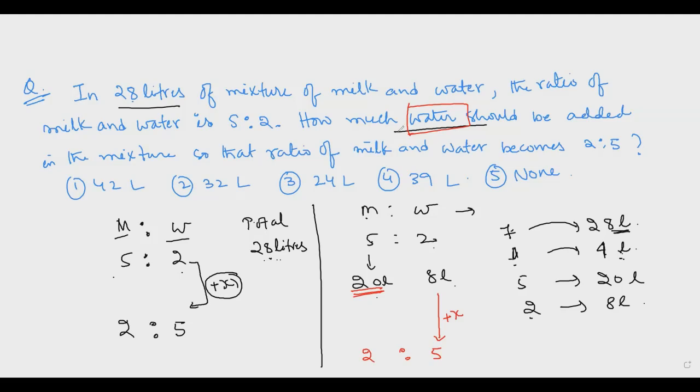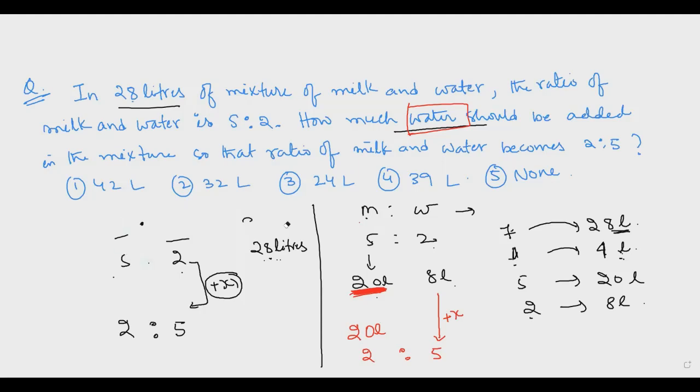So we are going to add only water. When we add water, the amount of milk, which is 20 liters, will still be 20 liters.